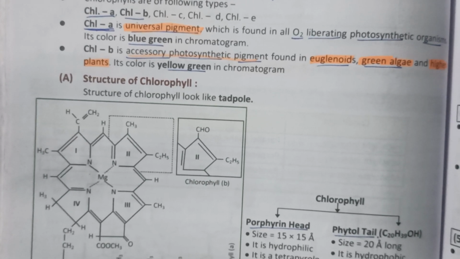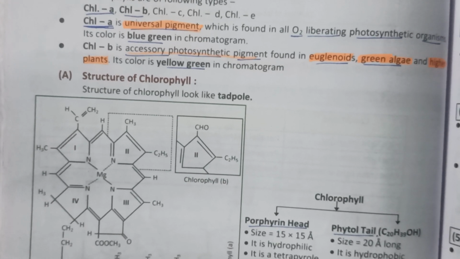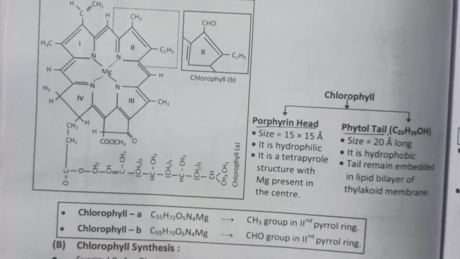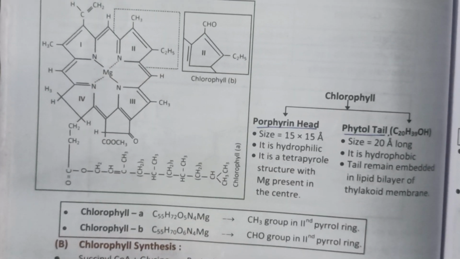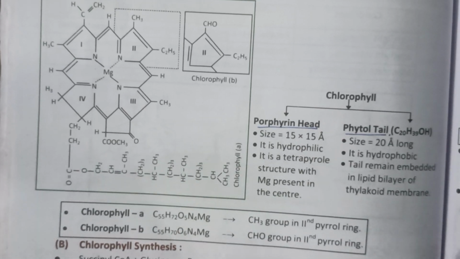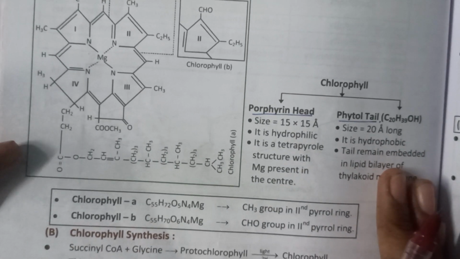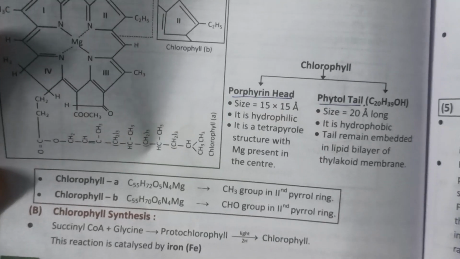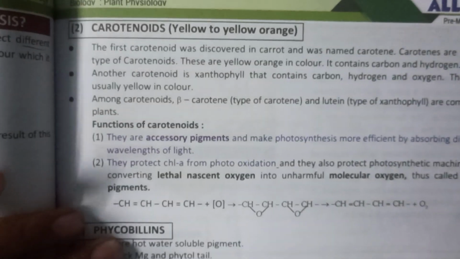So this is the difference between chlorophyll A and B. Chlorophyll is synthesized with the help of succinyl CoA and glycine, and this reaction is catalyzed by iron. So these are the general important things.